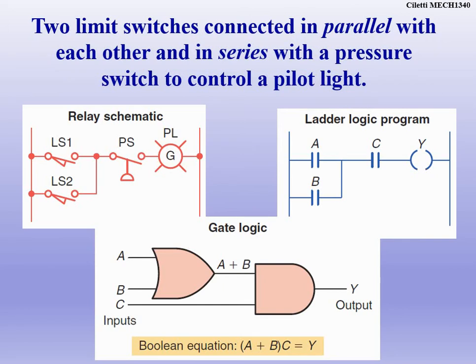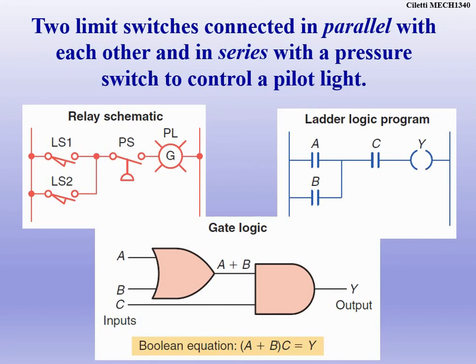So we can see now how our schematic creates our logic gate diagram, which can create our ladder logic program. We can see where we have A or B and C and how that relates to our output. So hopefully we're starting to put all this together. Those of you that took digital electronics, this is hopefully making a lot more sense to you.